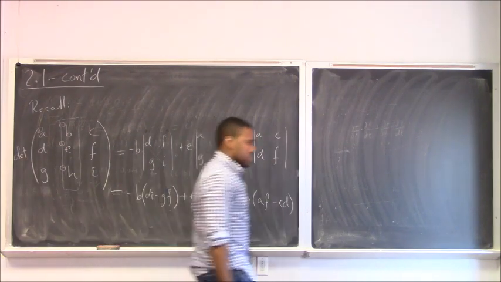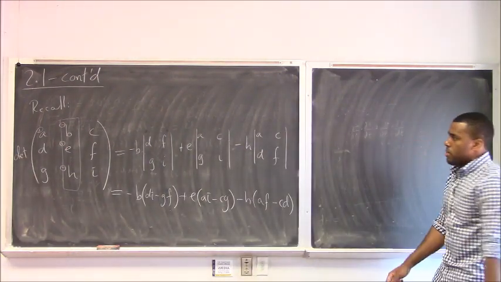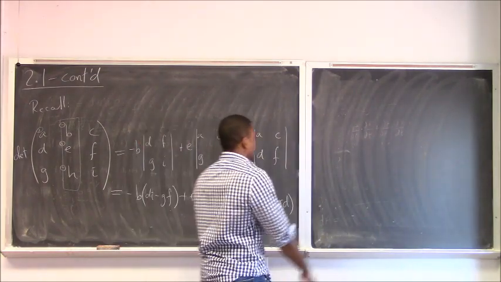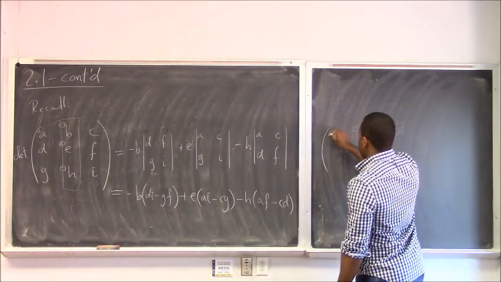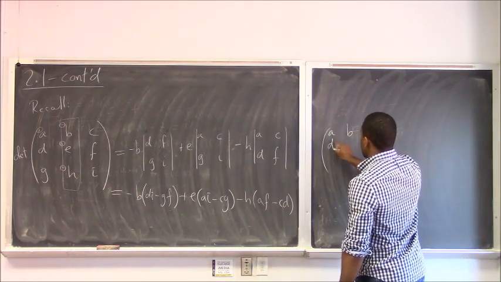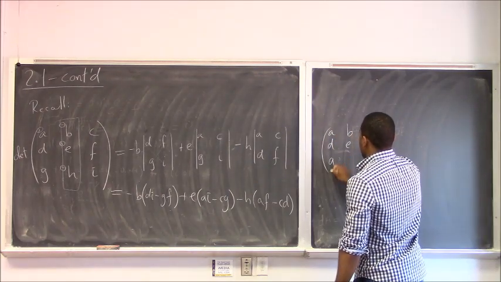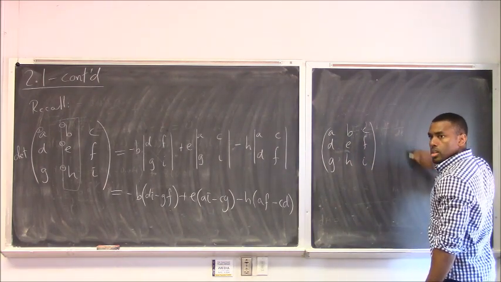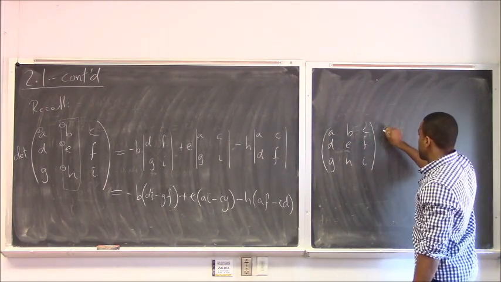Another thing I want to mention is that some of you might know a method for finding determinants of 3 by 3s, which is like a shortcut. The idea is you copy down the first 2 columns here. I don't know if you guys have seen this method before.